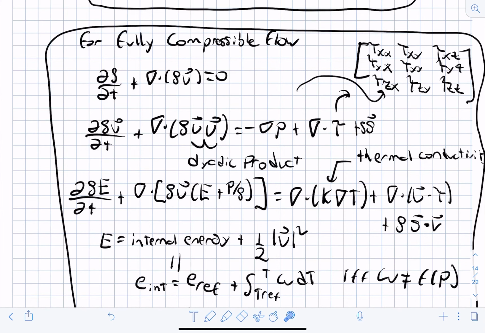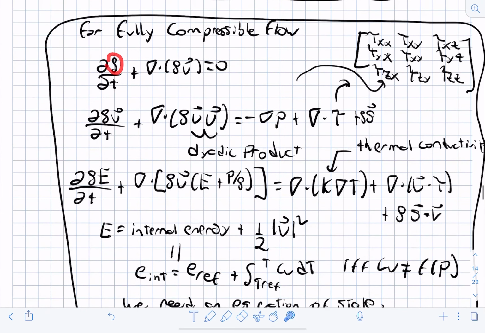And so we need to relate pressure to the density, but in general, the pressure is a function of temperature and the density. So in other words, for a compressible flow, you also need to do conservation of energy. And I'm not going to show that control volume. That one gets to be a gigantic mess.